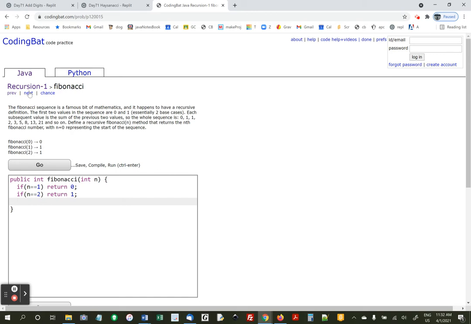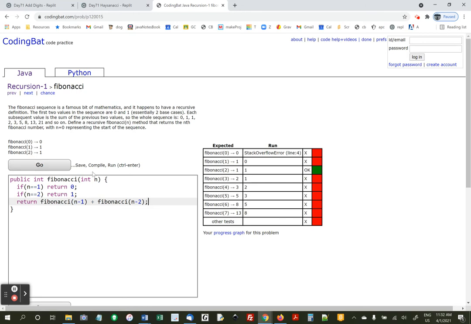And in fact, we have 2 base cases. We're going to return Fibonacci n minus 1 plus Fibonacci n minus 2. And I think that'll do it. We'll see. Oh, I made a mistake.